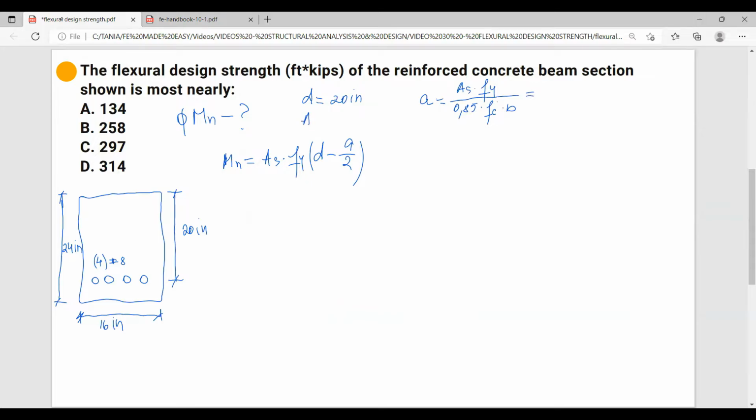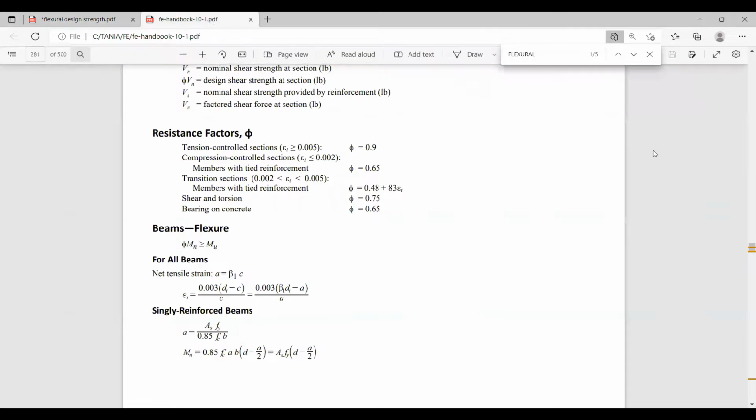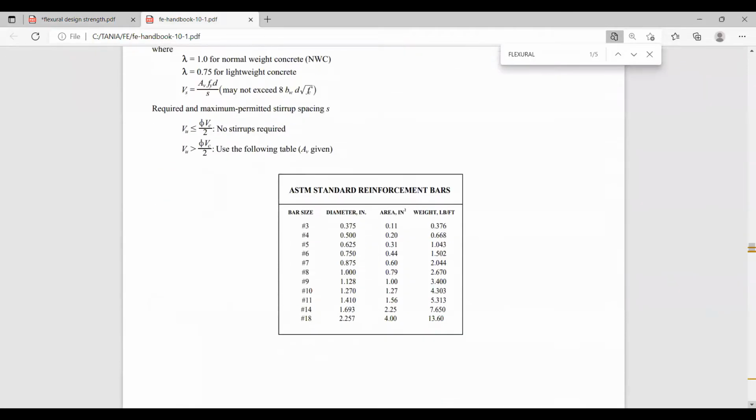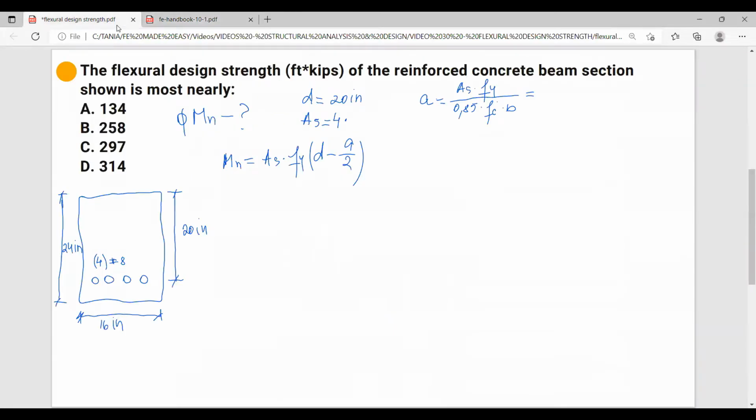Again, As is the area of reinforcement, which we can easily calculate because the problem tells us we have 4 number 8 bars. So just look for the table where you're given the areas of reinforcement bars. We have number 8, 0.79. We have 4 of them.